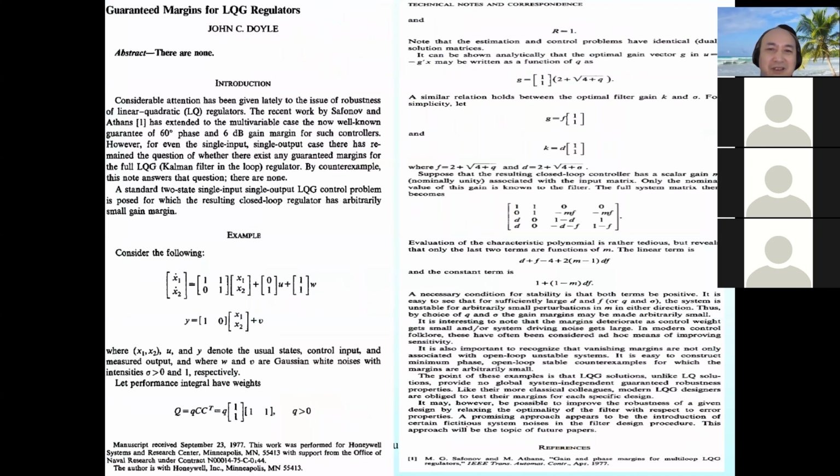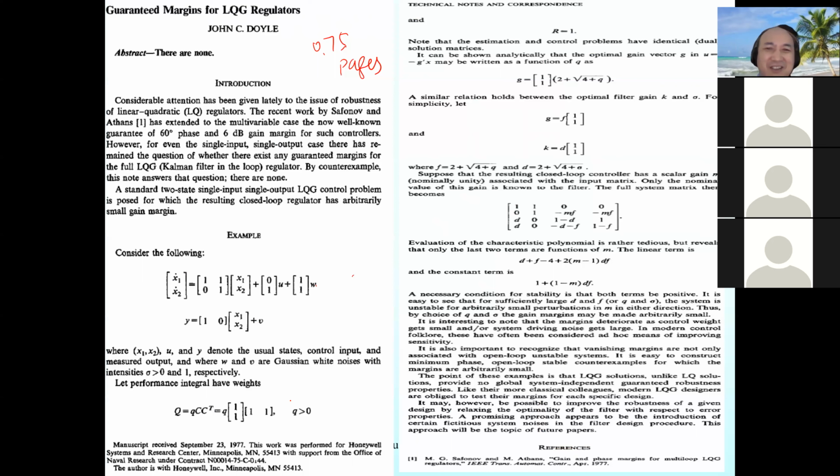And that paper I cut and pasted for you. It's only like one column. This is one column, and this is a half column, so 0.75 pages. It's from IEEE Transactions on Automatic Control.